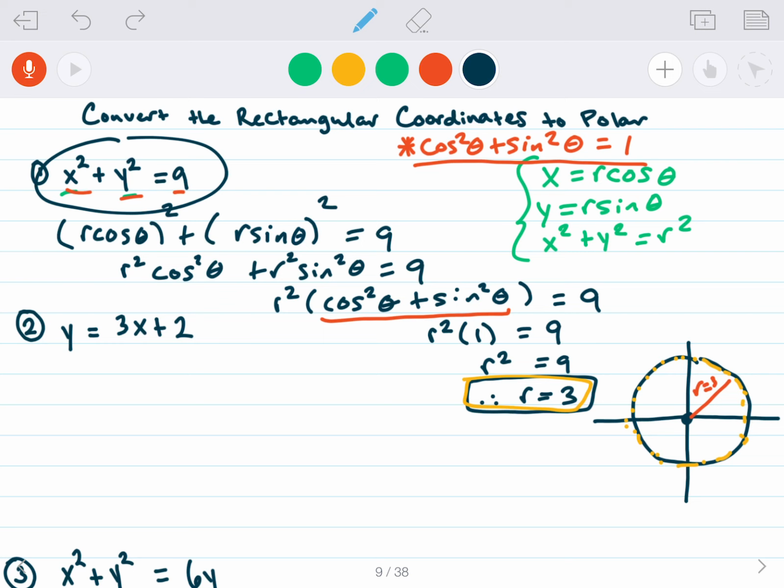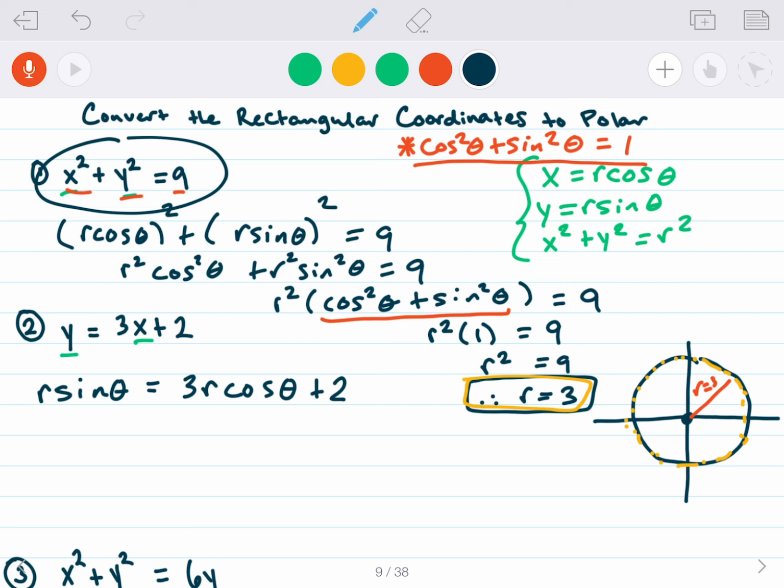How do I describe this line in terms of r and theta? Well, again, we're just going to use these identities to sub in something for x and something for y. So y is equal to r sine theta, and x is r cosine theta, so we get r sine theta is equal to 3r cosine theta plus 2.